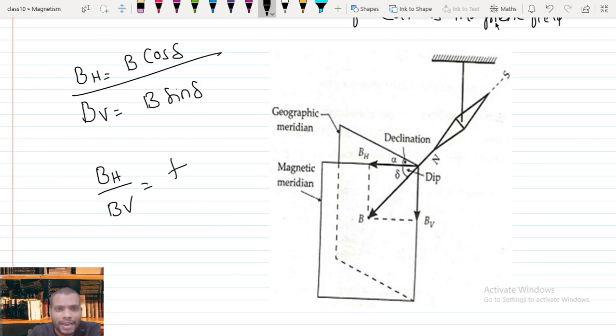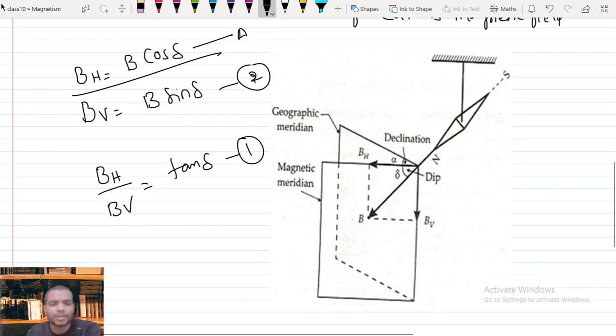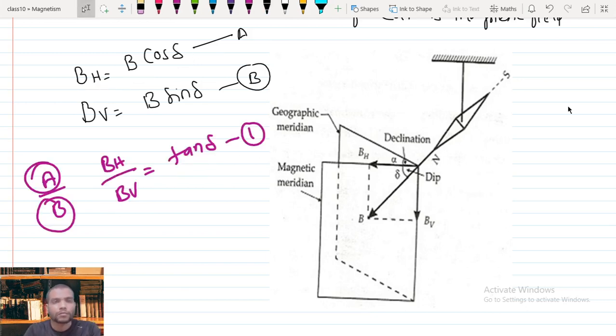Let this be equation 1. Suppose we call these equations A and B. Now we square and add A and B, that is A squared plus B squared.